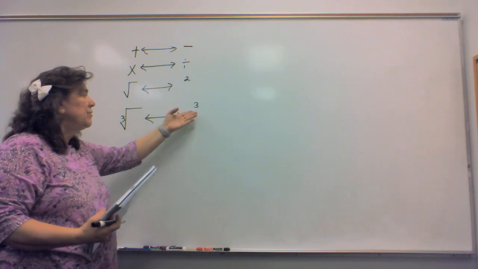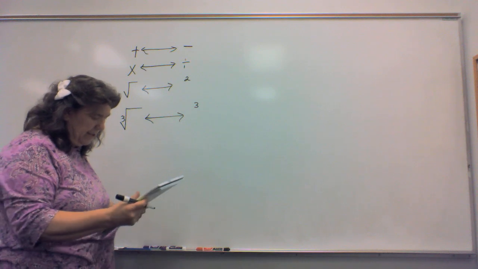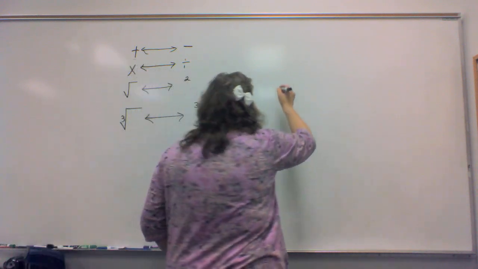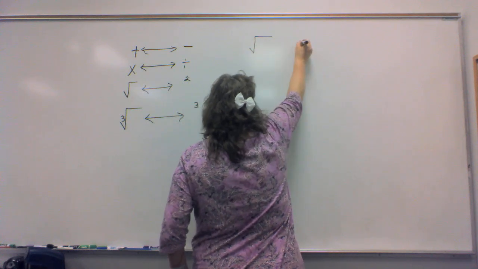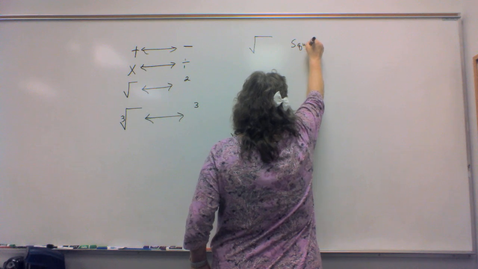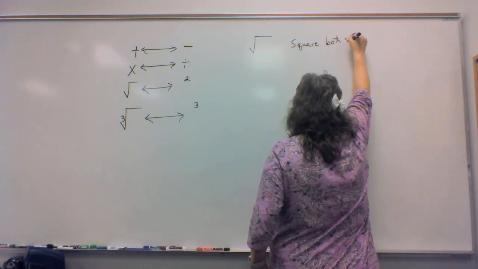And the same thing, if you have an exponent of 3, you'll undo it with a cubed root. So to undo a square root, you will have to square both sides. In other words, you're doing the opposite action.